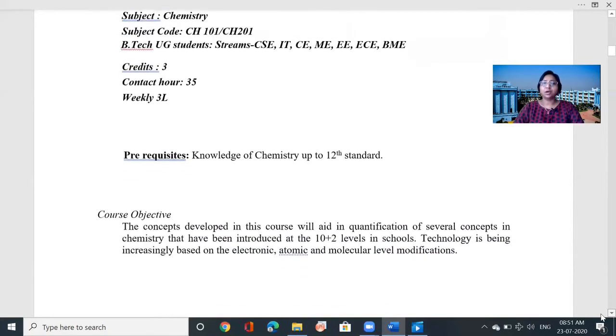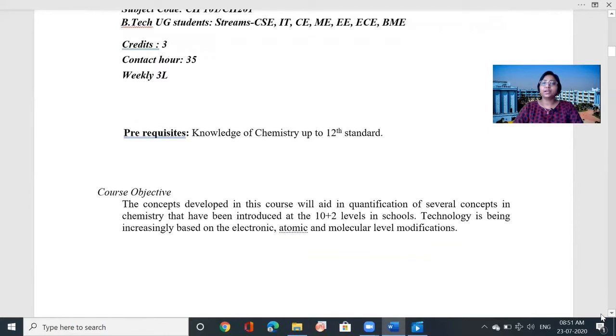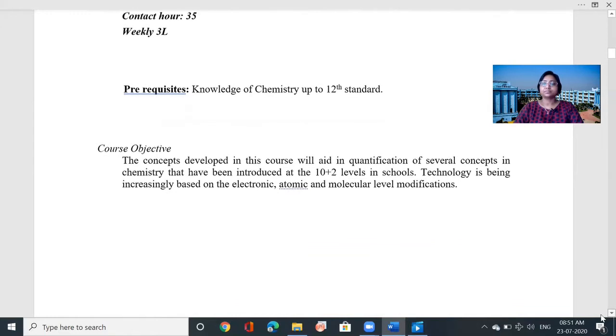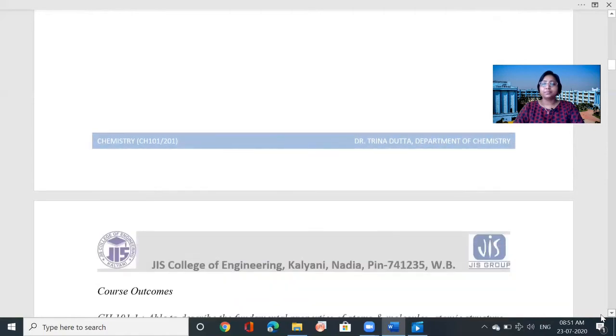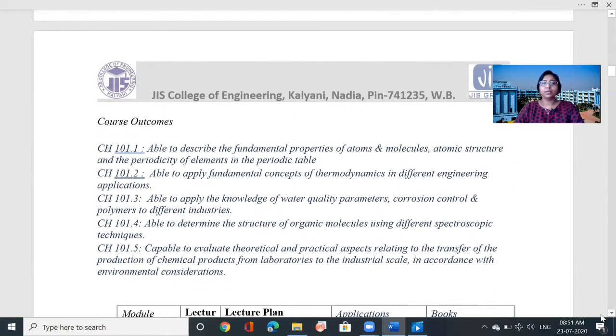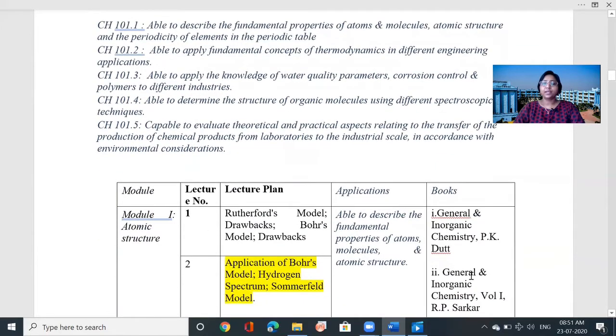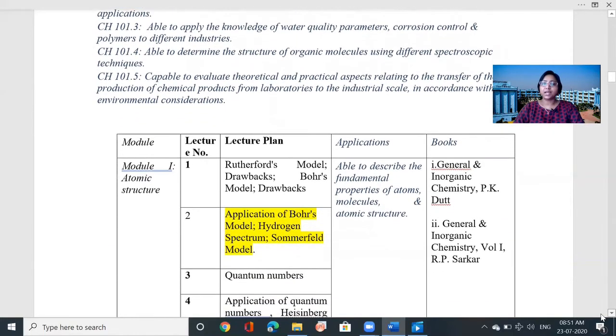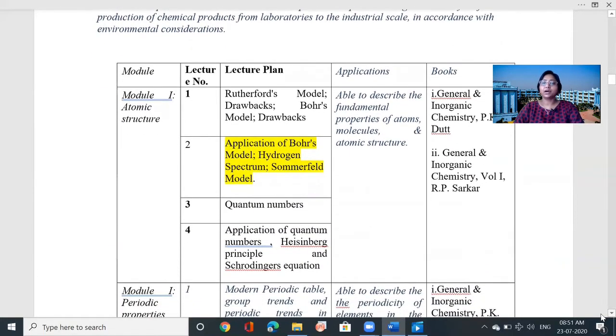About the course objective, the students will learn the several concepts of chemistry. In the outcome, the students will be able to describe the fundamental properties of atoms and molecules and atomic structure. The entire lecture plan is given, so you will be able to understand which topics will be covered on which day.